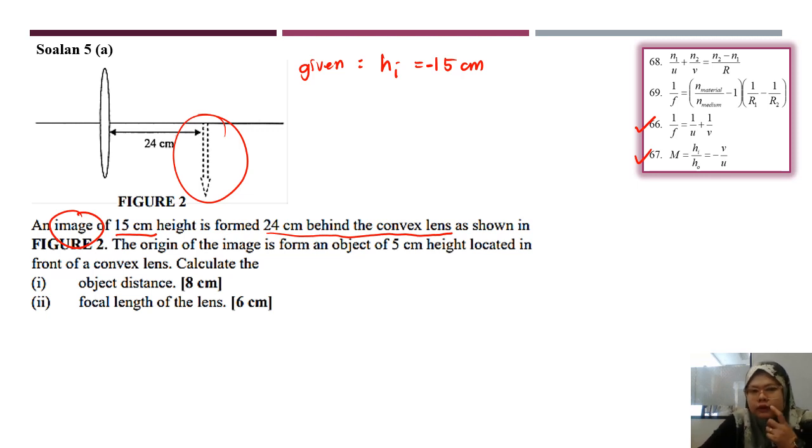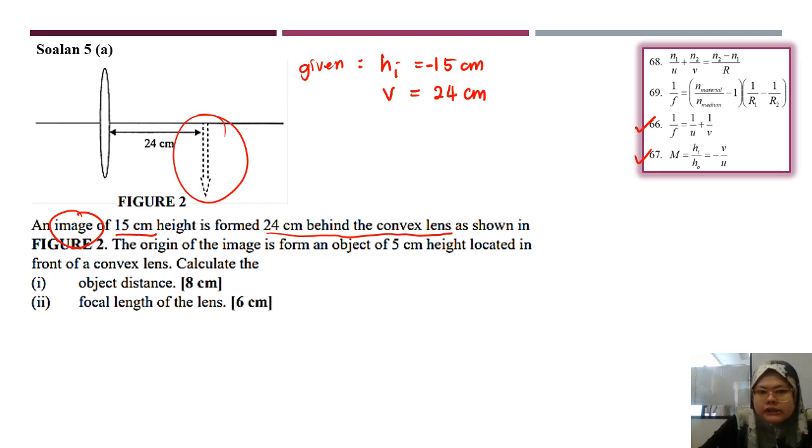Alright, and then 24 cm behind the convex lens. Bila behind, dia punya V tu bukan negatif lah, dia adalah positif. Don't get confused with mirror. Ini adalah lens. So, jadi image yang terhasil behind the lens will be a real image. So, dia punya V tu positif.